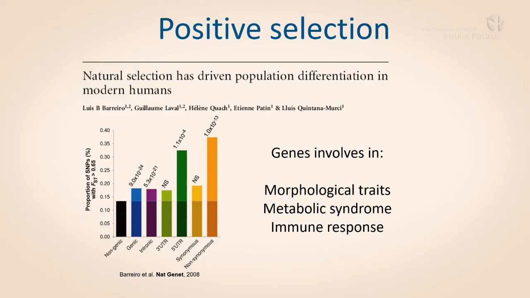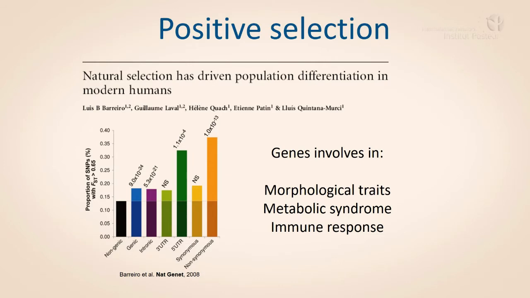So in exceptional circumstances, there can be mutations that are extremely differentiated between populations, and this is suggestive of the action of population-specific positive selection. In doing so, we could identify genes that have played a major role in human population differentiation, genes that have obvious phenotypes like morphological traits, a phenotype that we know varies between human populations, such as skin color and hair development.